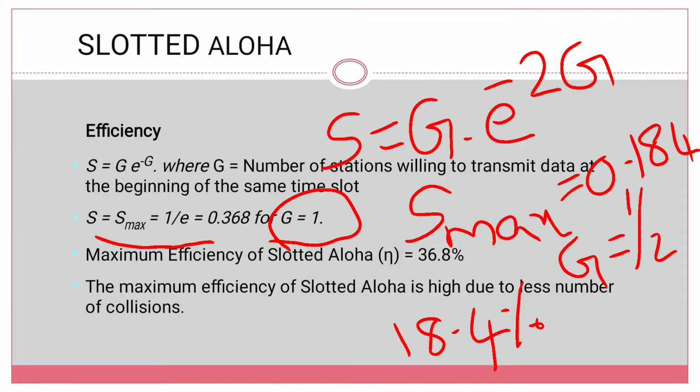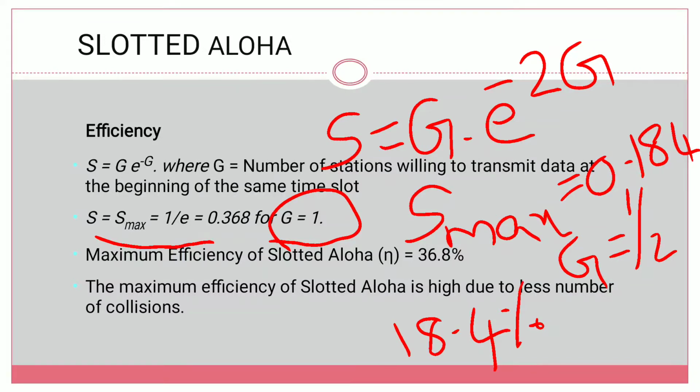Here also collisions will happen, but we reduce the chances of collisions which are high in pure Aloha. Slotted Aloha is mainly used to improve the efficiency of pure Aloha and to reduce the chances of collisions which occur highly in pure Aloha.